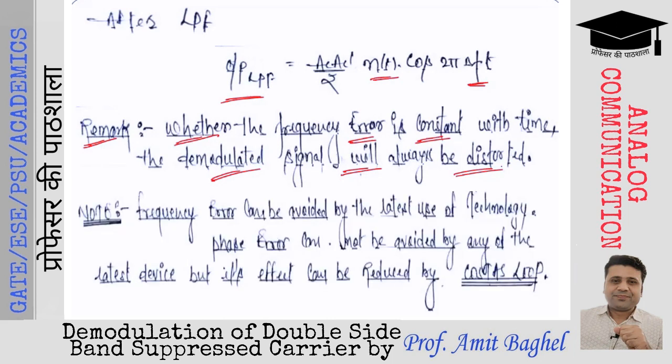Let us take an important note. Frequency error can be avoided by the latest use of technology. That means in today's scenario, we have the latest devices which can easily solve the problem of the frequency error.